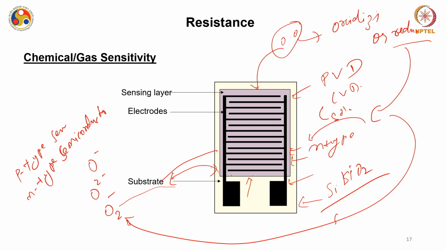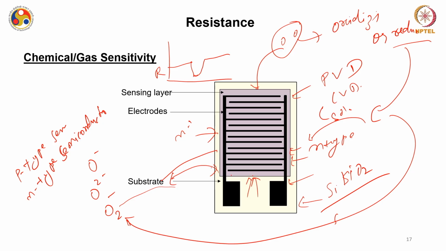So you are increasing the conductance of the material, or the resistance of the material is going down. If initially the resistance is R, when these gas molecules come, the resistance will decrease for a reducing gas with an n-type material, and when it is switched off, it comes back to its original resistance.